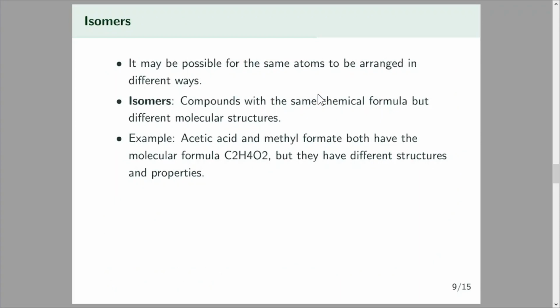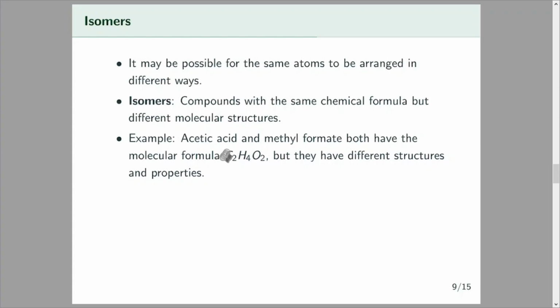Another thing that can happen with molecules is it may be possible for the same atoms to be arranged in different ways. These are called isomers. Isomers are compounds with the same chemical formula but different molecular structures. We saw earlier the pictures of the 3D shape of these molecules that don't appear when you just write the formula this way.